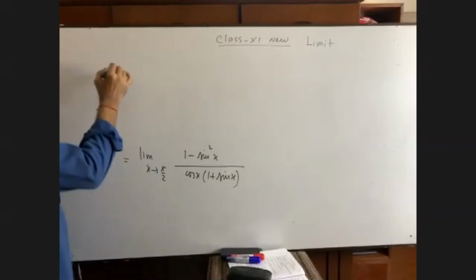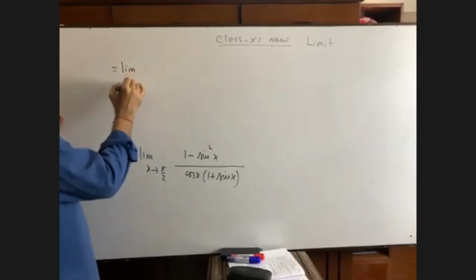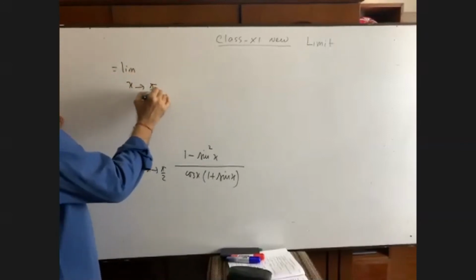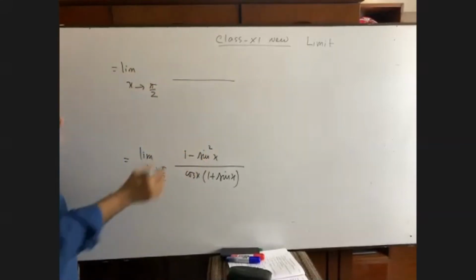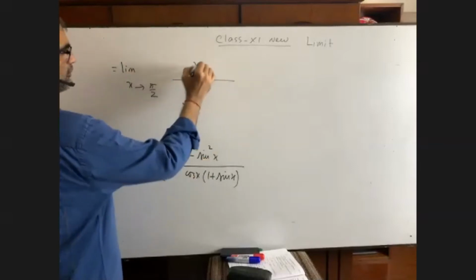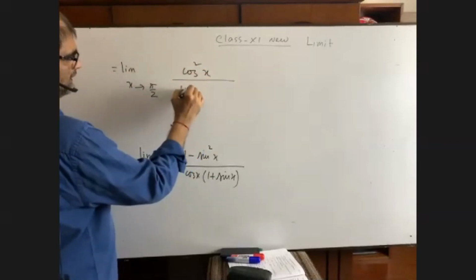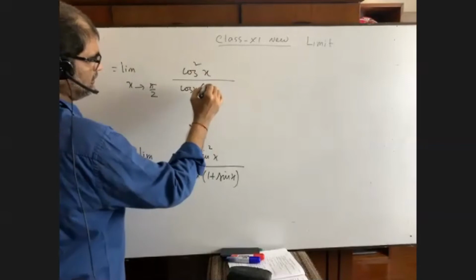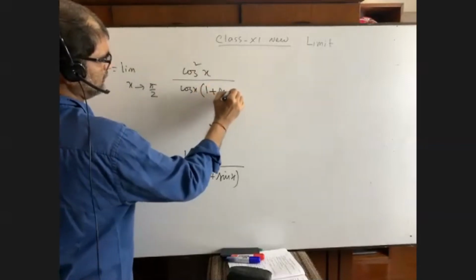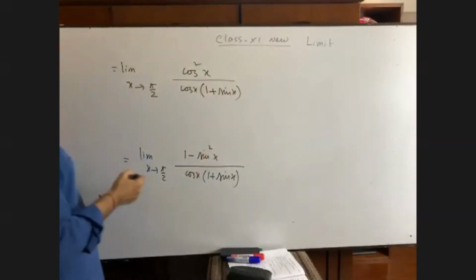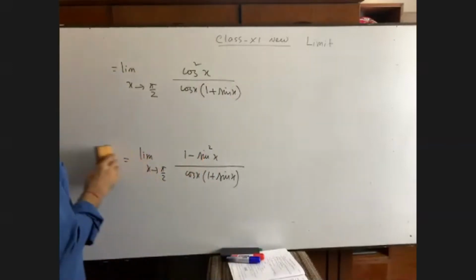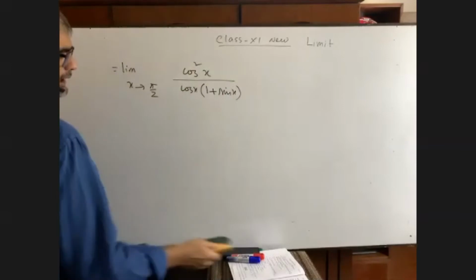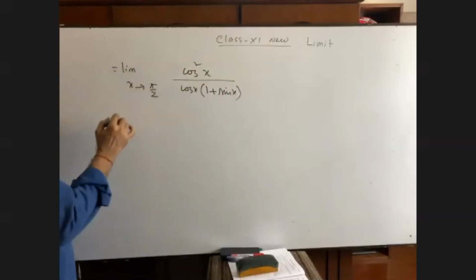Now, what we should do? Limit x tends to pi by 2. Here 1 minus sin square x equals to cosine square x, and that is cosine x into (1 plus sin x). So cosine x will be omitted from both the numerator and denominator.